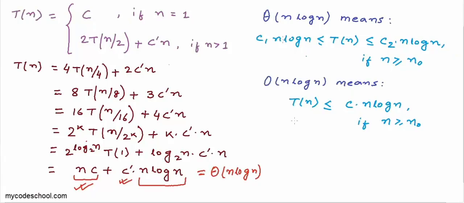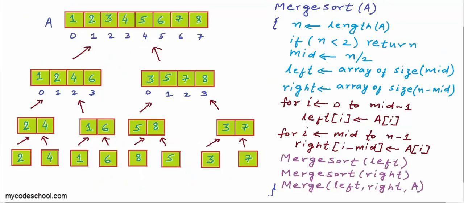Now let us try to understand the space complexity requirement for merge sort algorithm. I'll take this example once again that we had used previously to describe the algorithm. When we are talking about space complexity, we are talking about the extra memory that we will consume while executing merge sort. The extra memory that we will consume will mostly be in the form of these auxiliary arrays left and right that we will create.